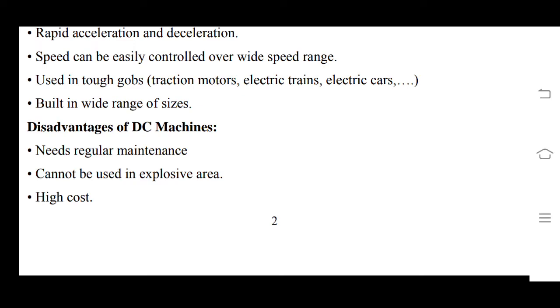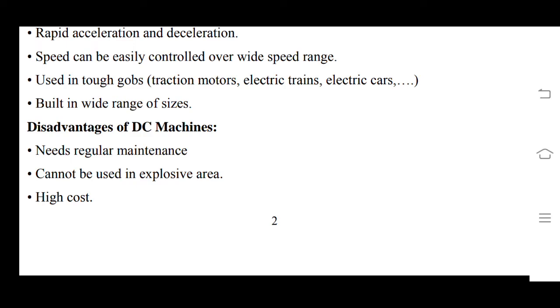So the rotor rotates, and the armature winding is on the rotor. Because of the high power machine, high insulation is required, and it may be damaged because it is a rotating part. So we need regular maintenance of the armature winding insulation also, to check the insulation of the armature winding.